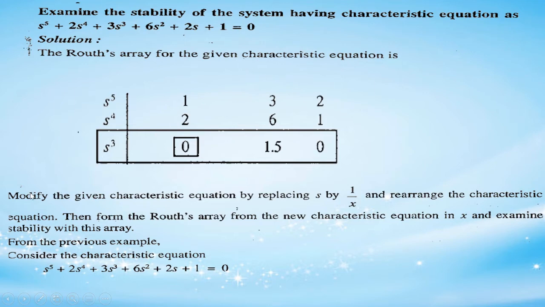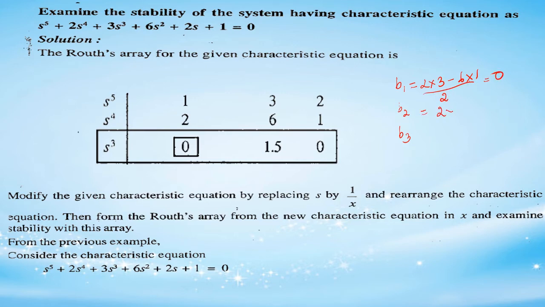Third row, you need to find out the values of B1, B2, B3. B1 value is 2 into 3 minus 6 into 1 divided by 2, that is equal to 0.